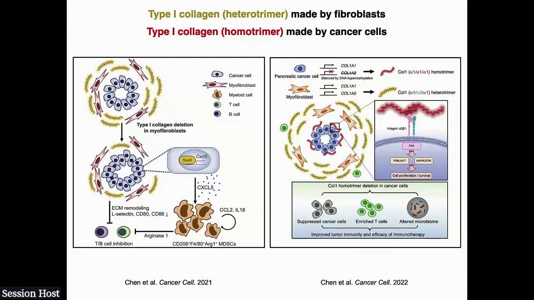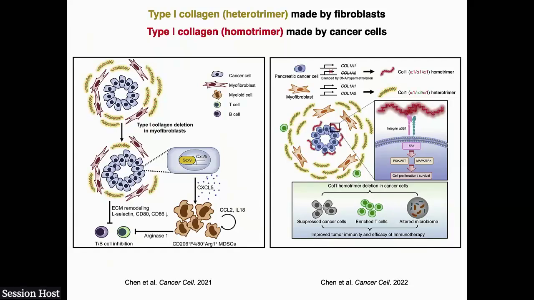We checked the collagen from either cancer cells or fibroblasts, realizing that the cancer cells made their own very unique abnormal collagen 1 subtype, which is absent in our normal body: the homotrimer format. Collagen 1 is composed of two types of chains, the alpha-1 chain encoded by the COL1A1 gene and the alpha-2 chain encoded by the COL1A2 gene.